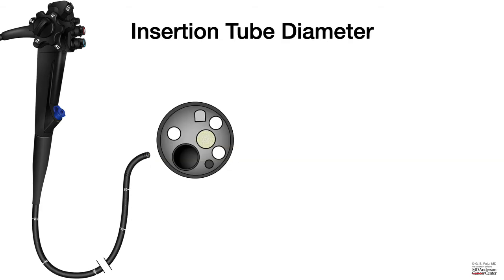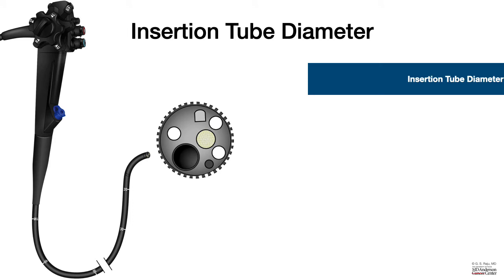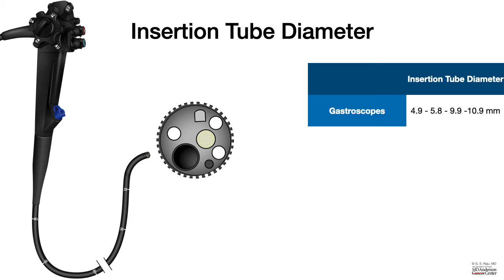Next is the insertion tube diameter. Scopes have different insertion tube diameters, and let's look at the gastroscopes. Could be as small as 4.9 millimeters or 5 millimeters in size to as big as 10.9 millimeters.